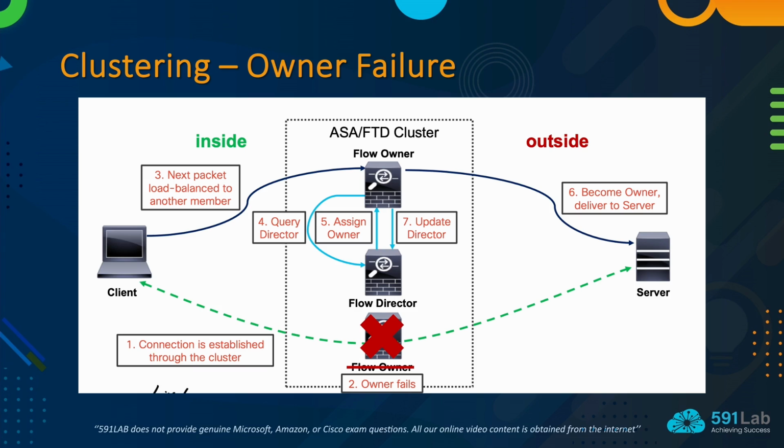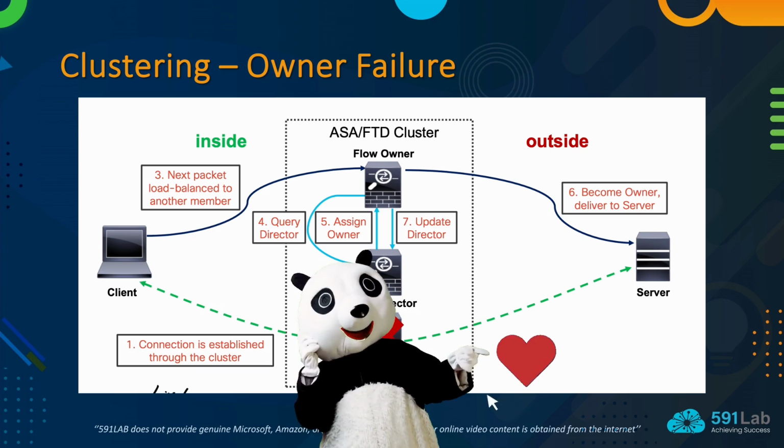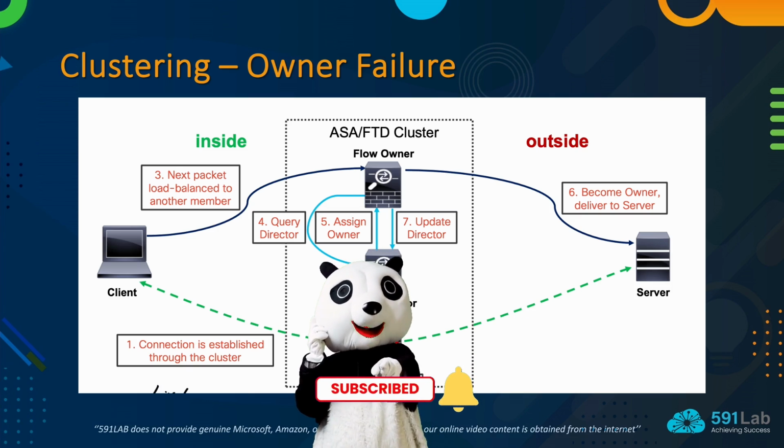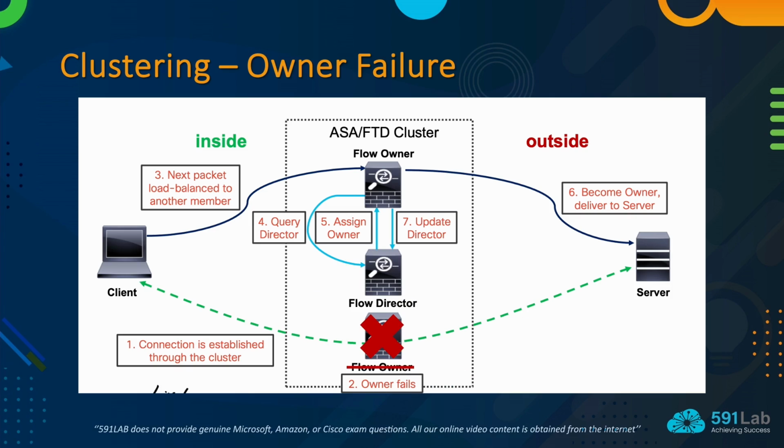Since the flow owner was responsible for managing the connection between the client and the server, established communication might experience the below issues. One of them is packet loss. Packets that are sent from the client or server might not be delivered due to the disruption caused by the flow owner failure.